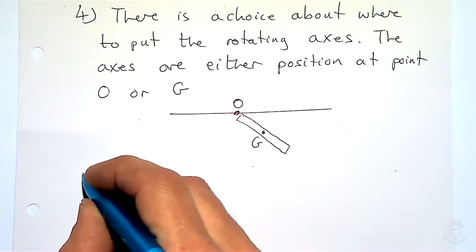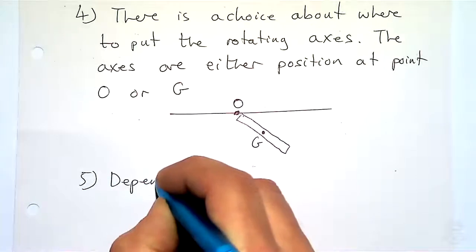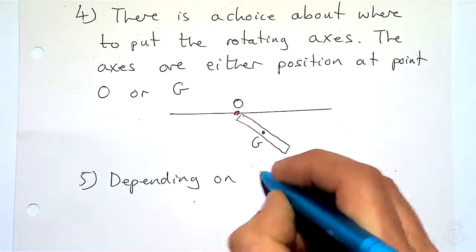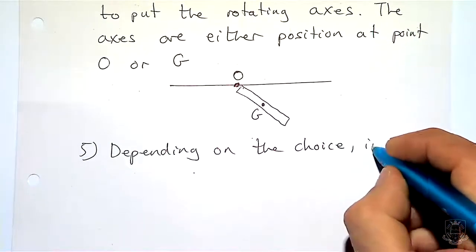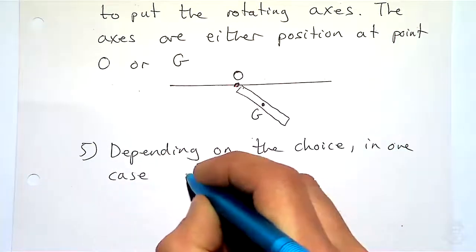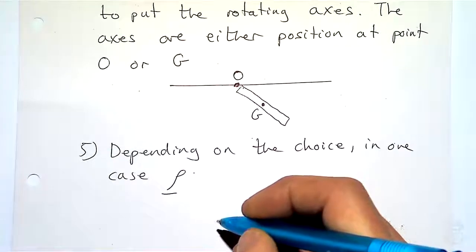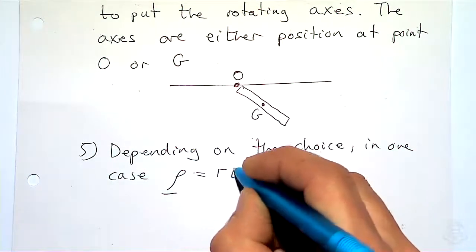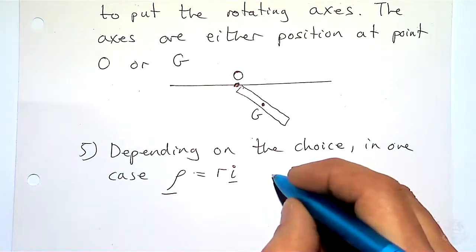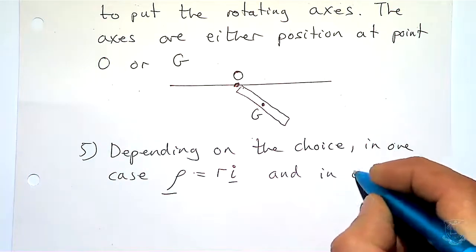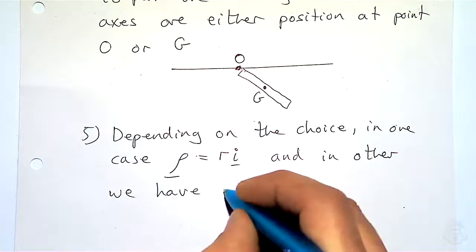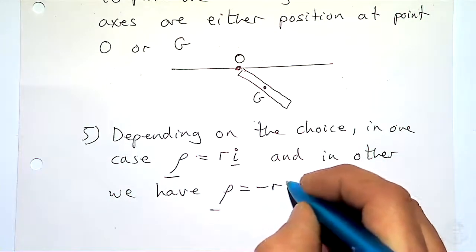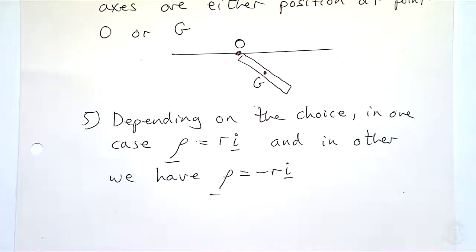Depending on the choice, in one case we end up with a distance rho, which is equal to r times the I vector, and in the other, rho is equal to minus r times I. The only reason for that change is because you've just moved where the axes are.